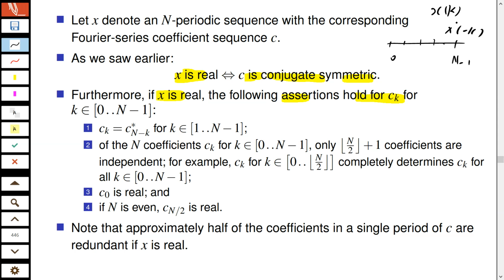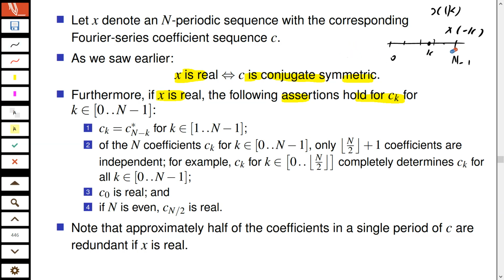Yeah, if it is real. But the problem with this minus k is that if this is point k, and if you say minus k, then you have to come here, and the signal is not defined there, right? So you lose that property of x of k, reflection. You can't use reflection. So the best you can do is this.